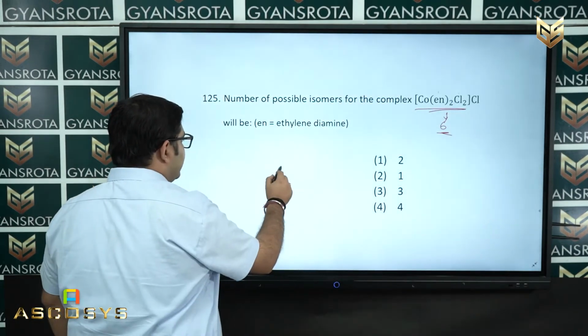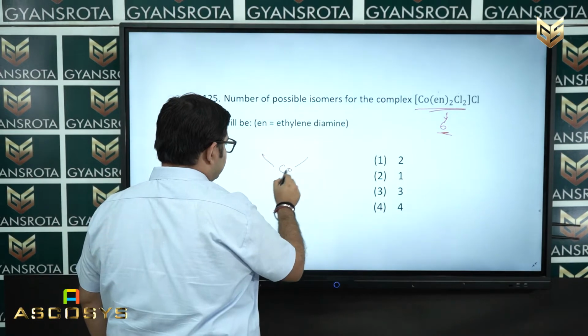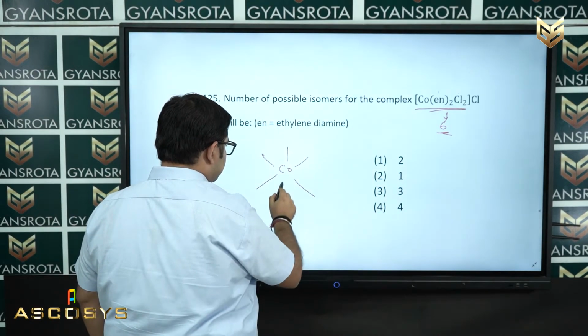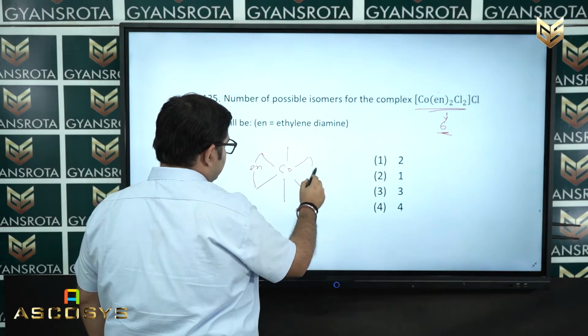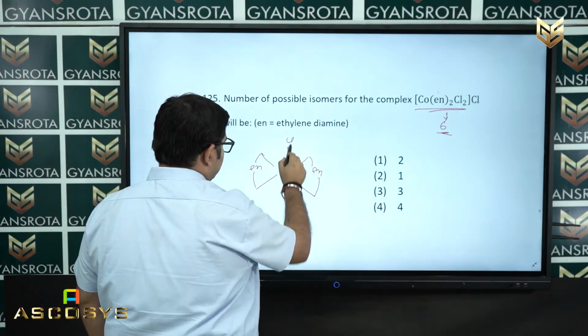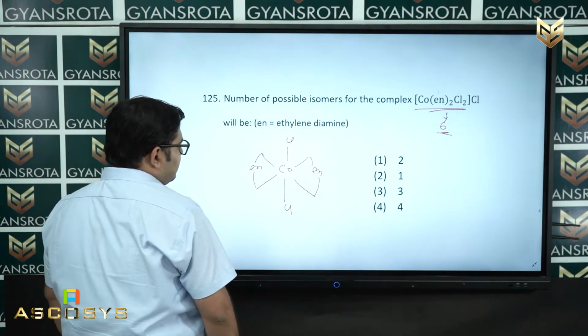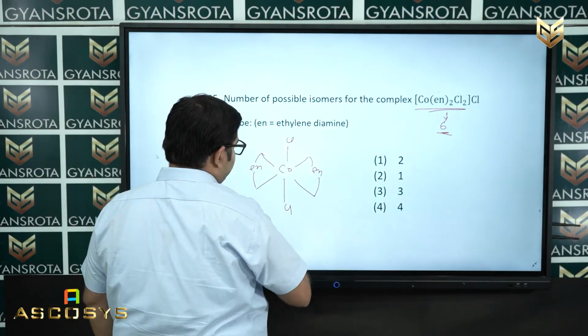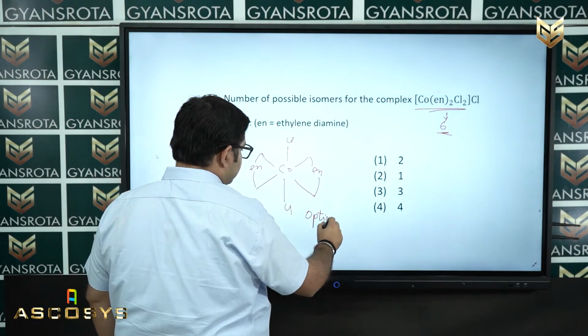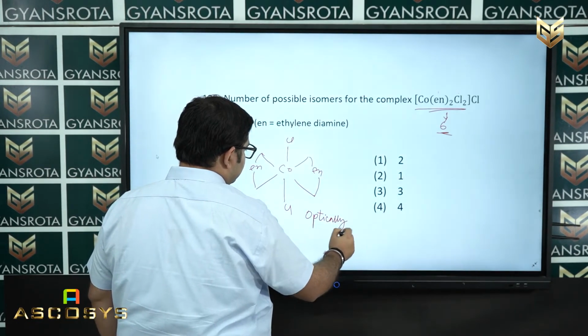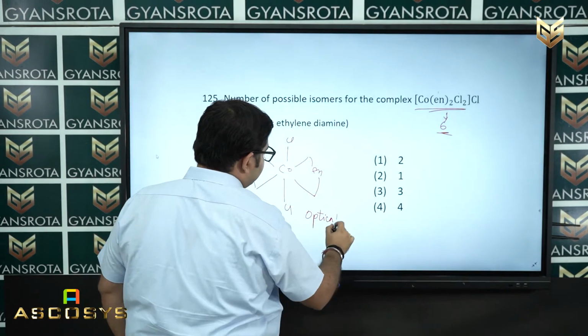So, how does it look here? This one is cobalt and here ethylene diamine is present. So, this one is a cis isomer. So, it is optically active. Sorry, this is optically inactive.